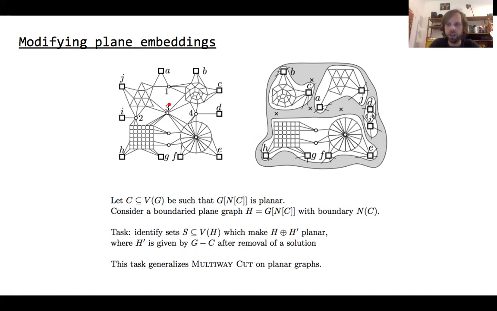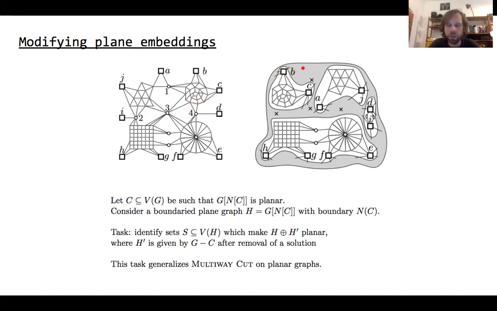If we identify such vertices which are sufficient to be deleted within H, then we know that there is some solution that uses these vertices in some approximate solution.